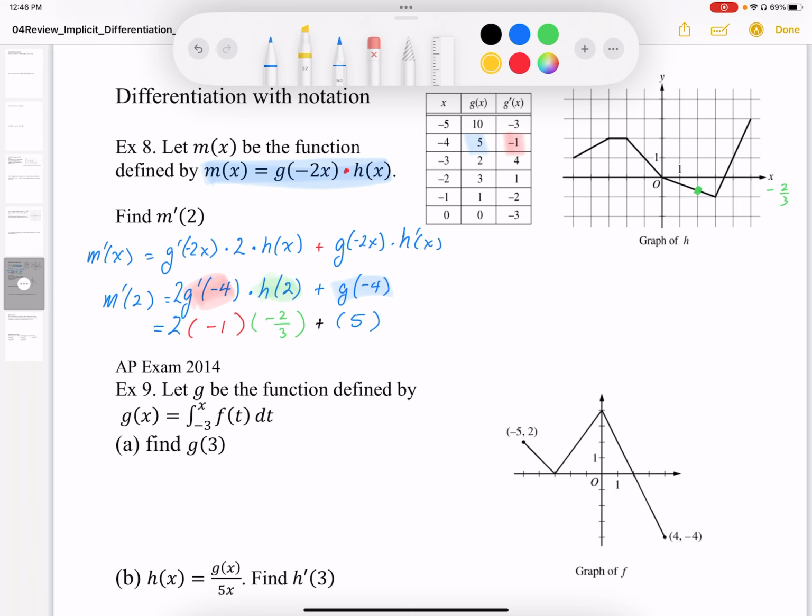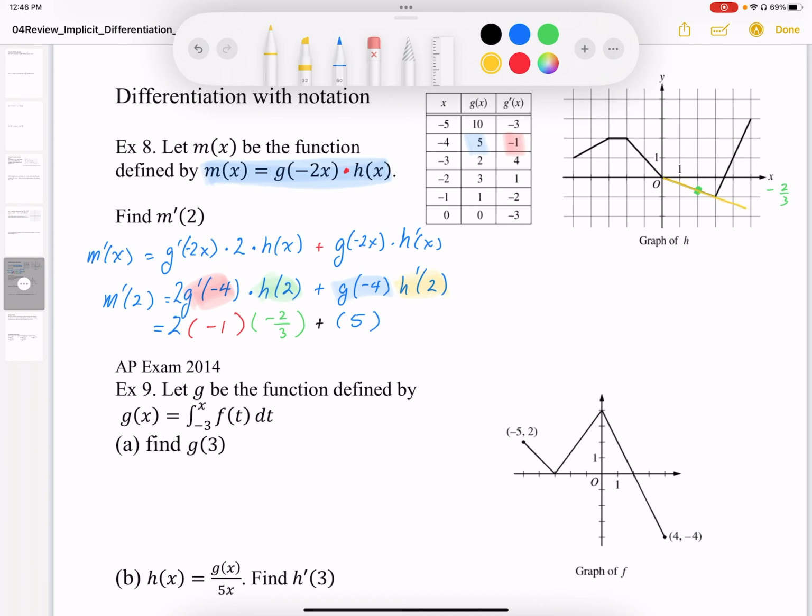So I'm just going to use one last color here. H prime of, sorry, I'm going to write this in. So h prime at x is 2. Well, there's 2. And h prime of 2 is going to be the slope through that point.